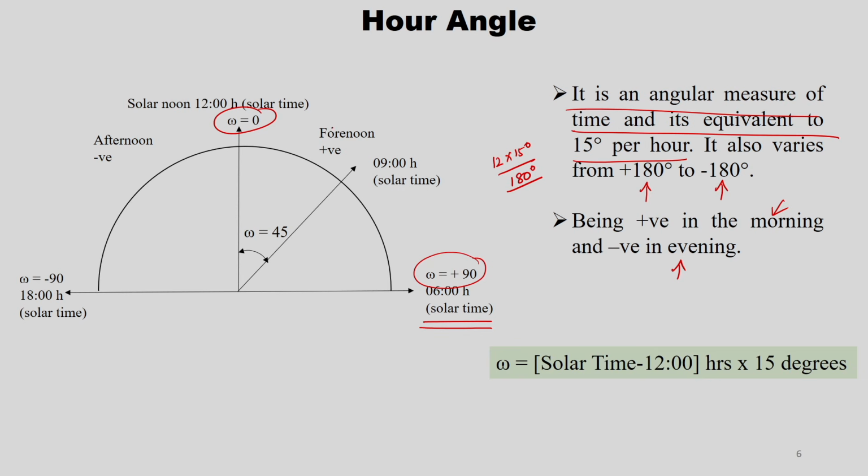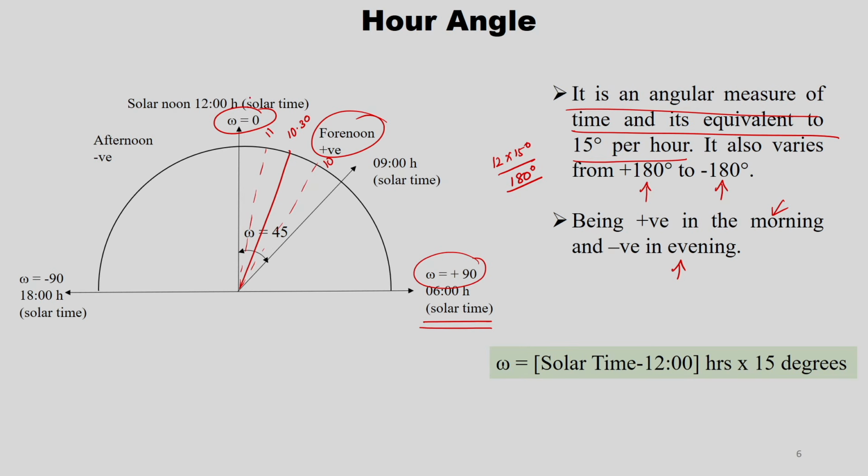This is morning time, forenoon time, so it is considered positive. For example, this is 9 hours, this is 12 hours. If we want to calculate 10:30, this is 10, this is 11.